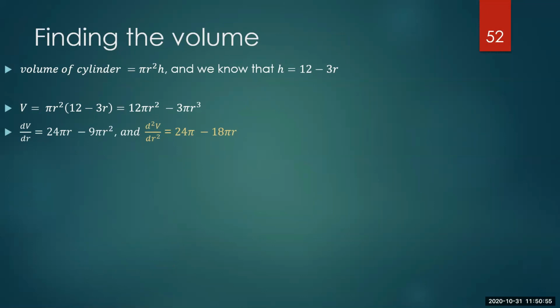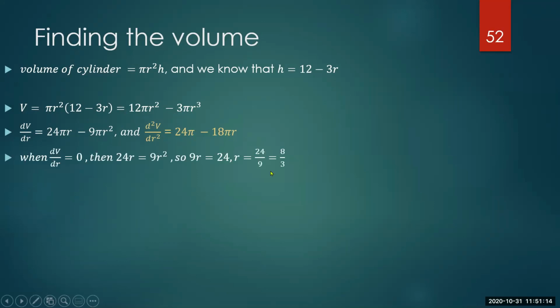So now we want to find the maximum value of the volume of the cylinder. So we evaluate dV/dr. And so dV/dr is equal to 24 pi r minus 9 pi r squared. And also d2V/dr squared is 24 pi minus 18 pi r. So we now want to find when dV/dr is equal to 0.